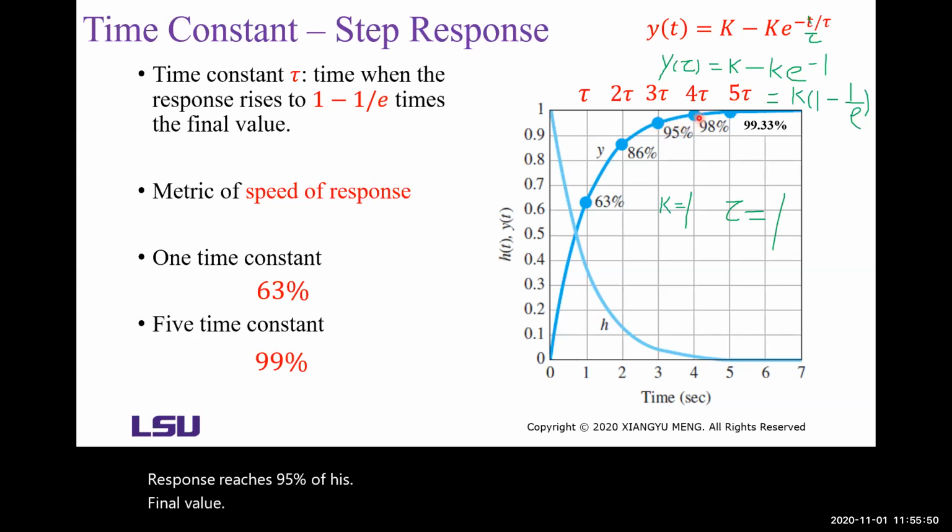After four time constants, the response reaches 98% of its final value. After 5 time constants, it reaches 99.33% of its final value. So in general, we will consider that after 5 time constants, the response is at its steady state.